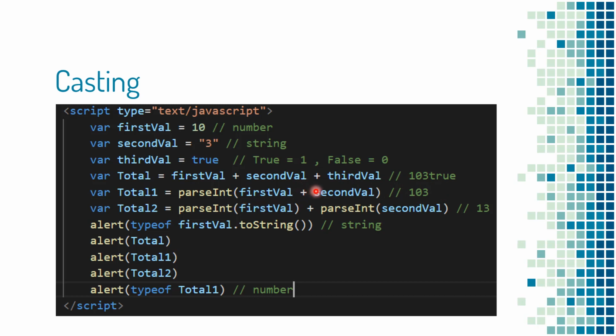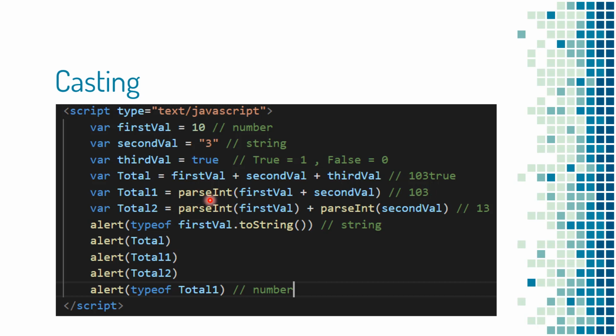The really important thing here is why the output is going to be 103 while it should be 13. Because the concatenation here will be performed first. So 10 concatenated with 3 is going to give you 103 as a string.